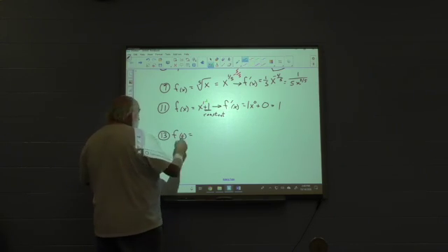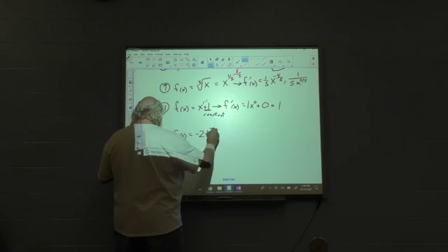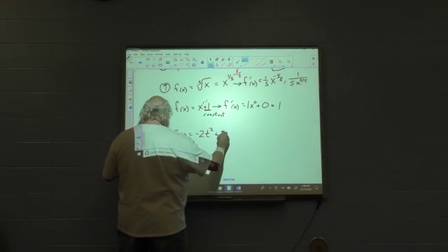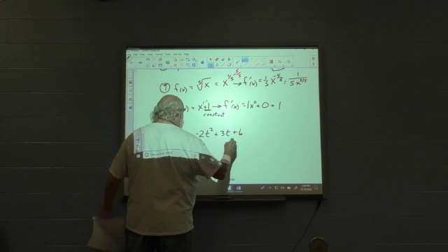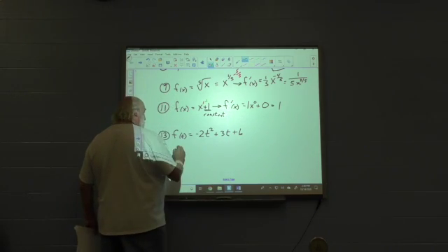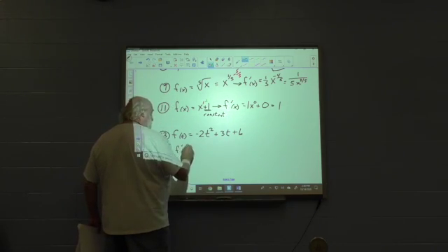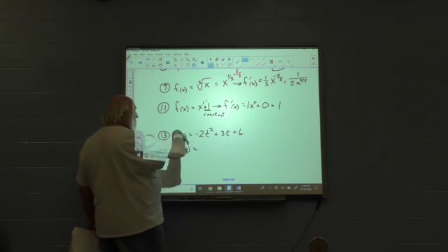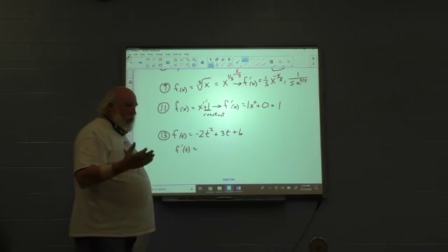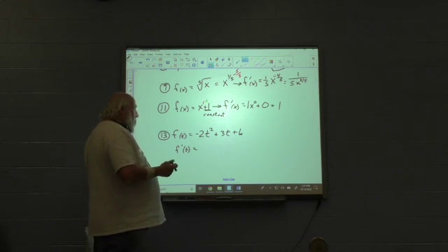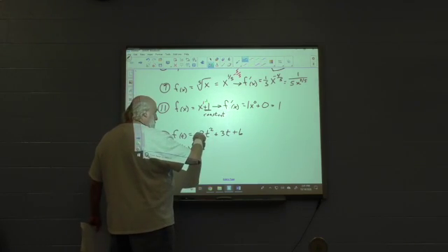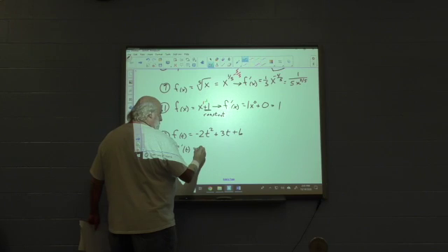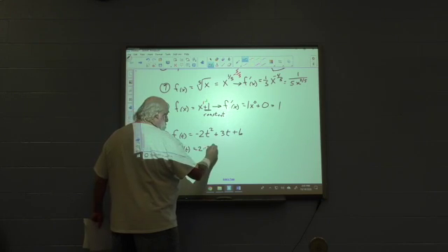Number 13. F of t is equal to -2t squared plus 3t plus 6. So f prime of t is going to equal, and I'll stop doing the manipulations unless you tell me later on that you want it back there, the 2 is going to be multiplying the -2, so that becomes 2 times -2.